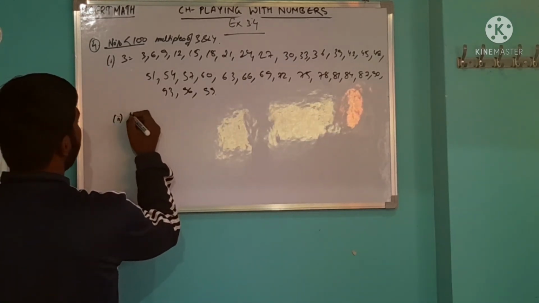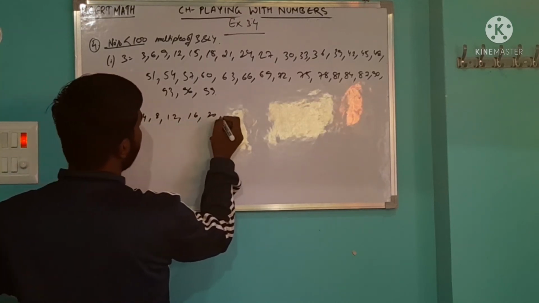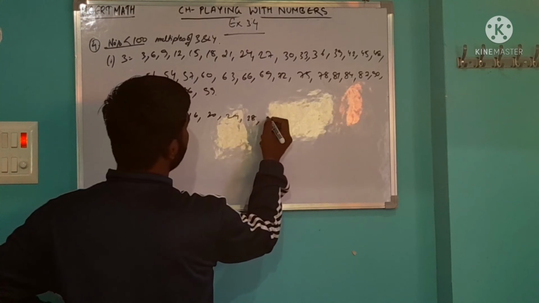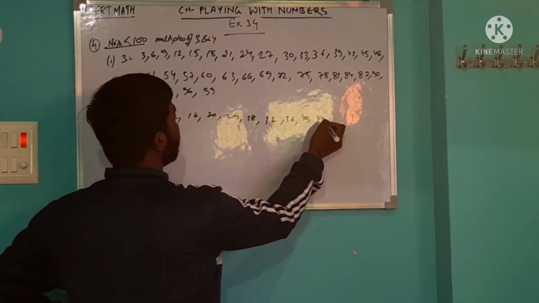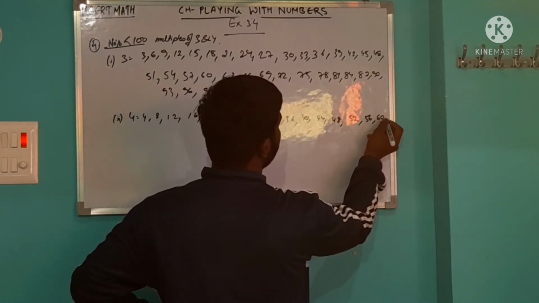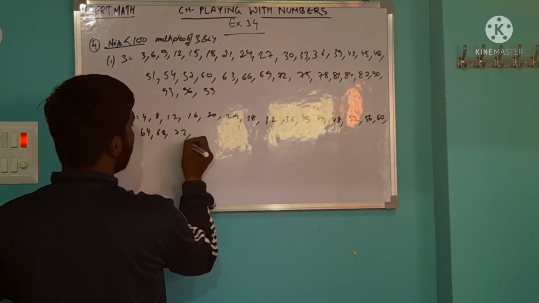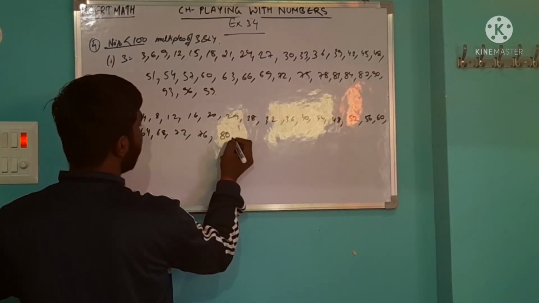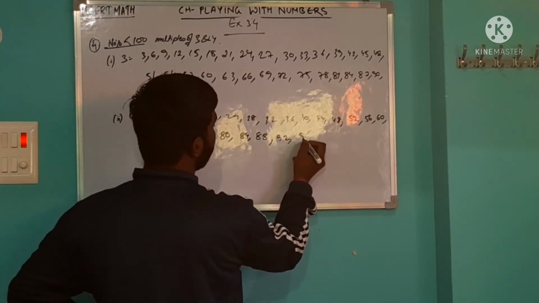For 4, we have 4, 8, 12, 16, 20, 24, 28, 32, 36, 40, 44, 48, 52, 56, 60, 64, 68, 72, 76, 80, 84, 88, 92 and 96.